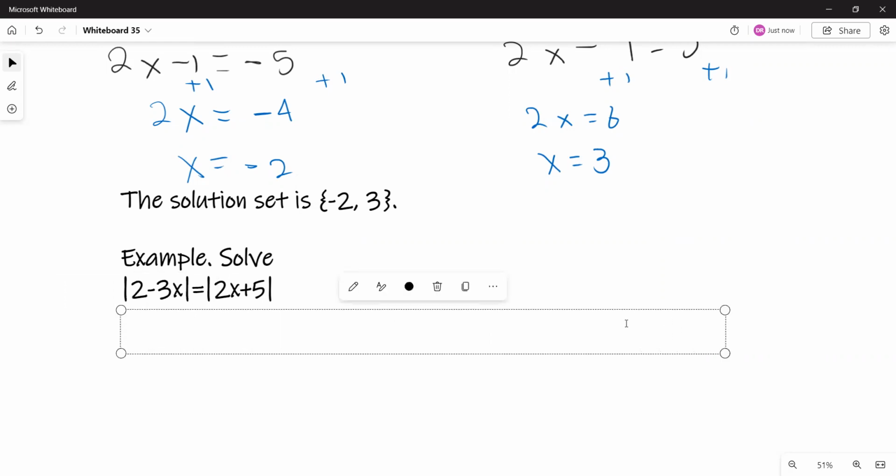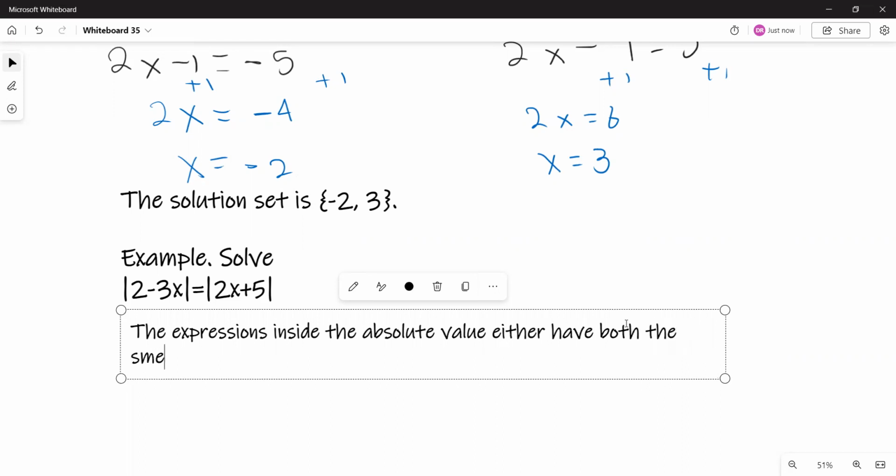Okay, so both sides of the equation have expressions inside the absolute value that either have the same sign or opposite signs.